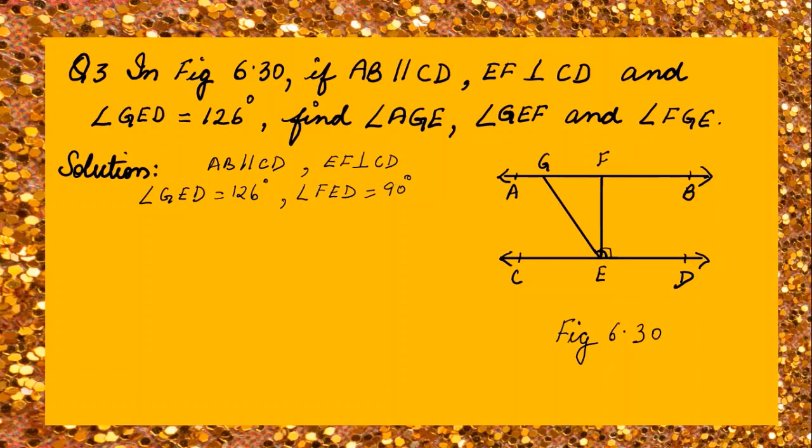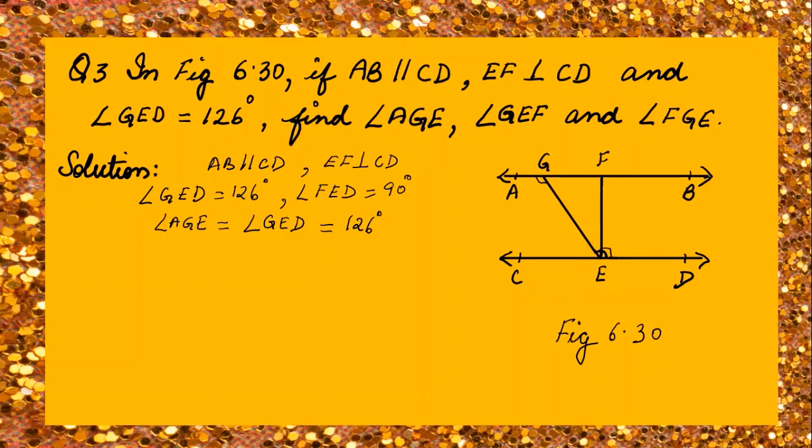Now we want to find out angle AGE. AGE means this angle. And you can say angle AGE equals angle GED. And GED is given to be 126 degree, so it equals 126 degree. But why?